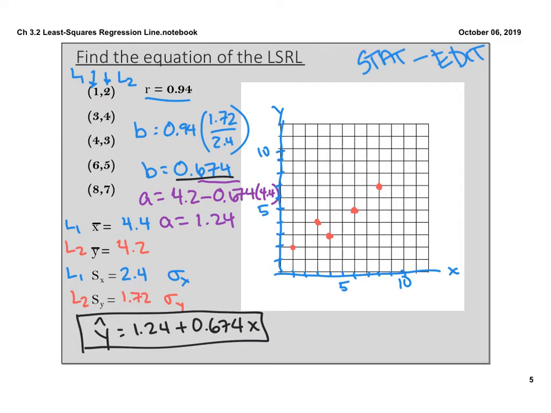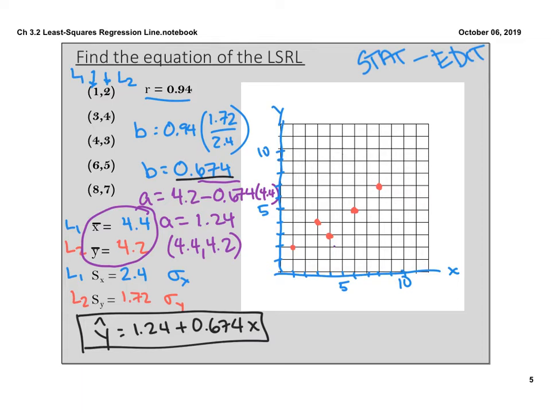One thing that you can always do, this is always a point on your LSRL. If I created a point on my LSRL, I'd have 4.4 comma 4.2. The mean of your X and the mean of your Y is always going to be a point on your LSRL. So 4.4 and 4.2, I go over to 4.4 right about a little under halfway to the 5.